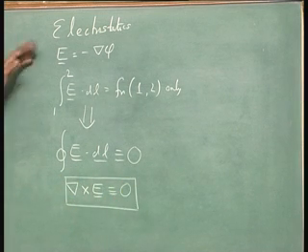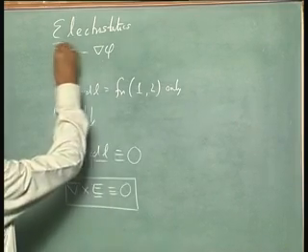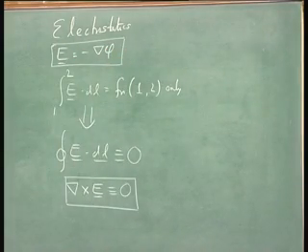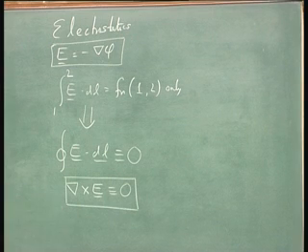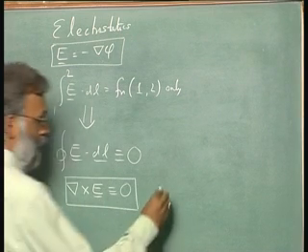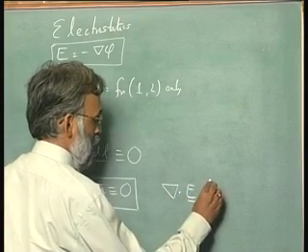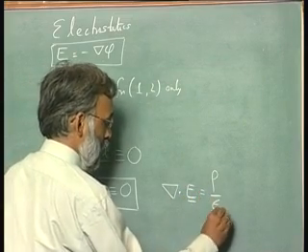So, in electrostatics, we have E is minus the gradient of phi, curl of E is 0, and divergence of E is equal to rho over epsilon naught.